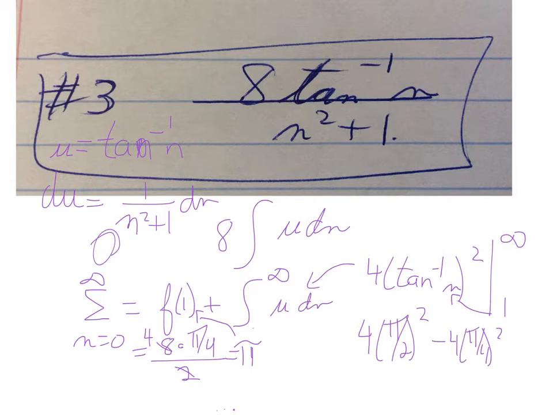And so we've got pi for the f of 1 part of this, and then whatever this turns out to be, it looks like we'll get pi here, and here we're going to get pi over 4. So we have pi minus pi over 4.